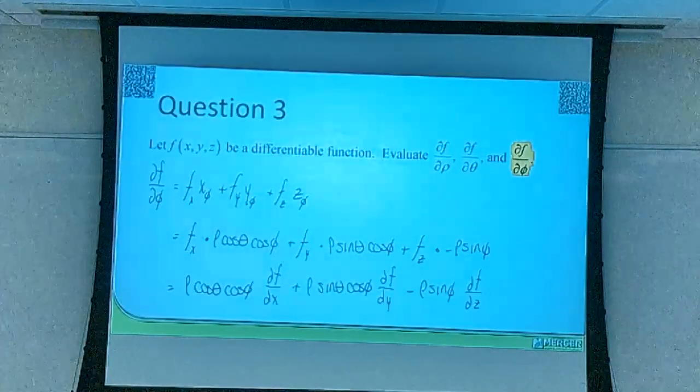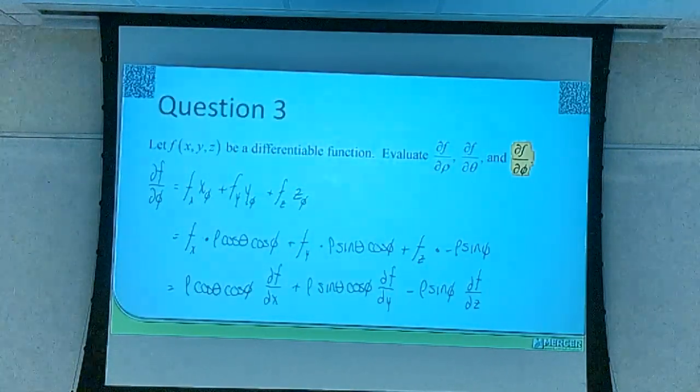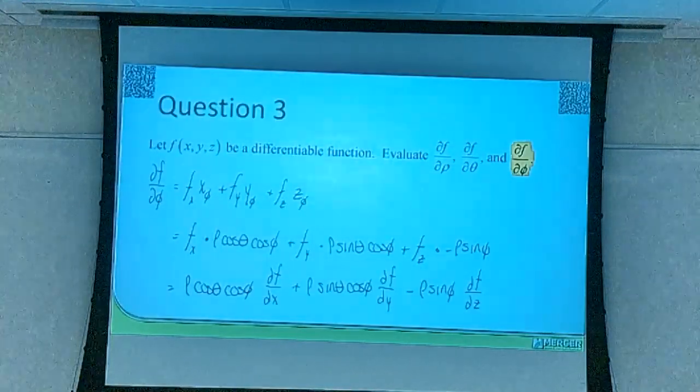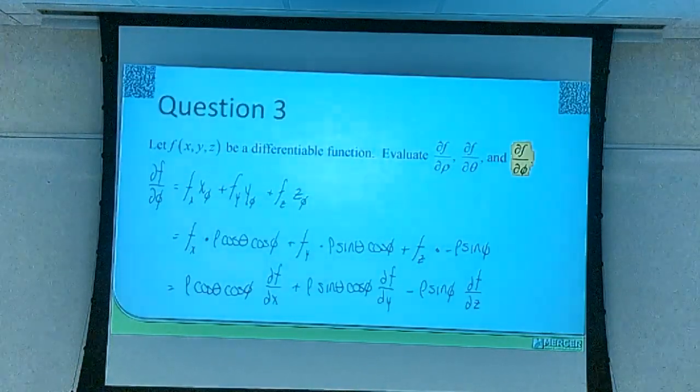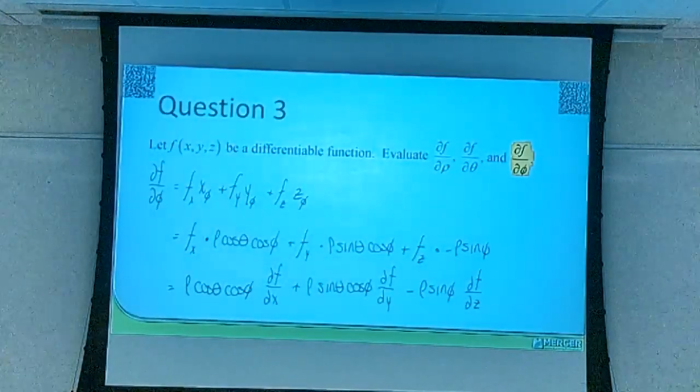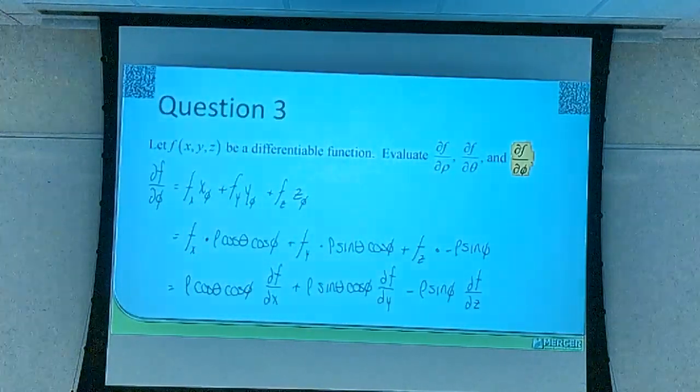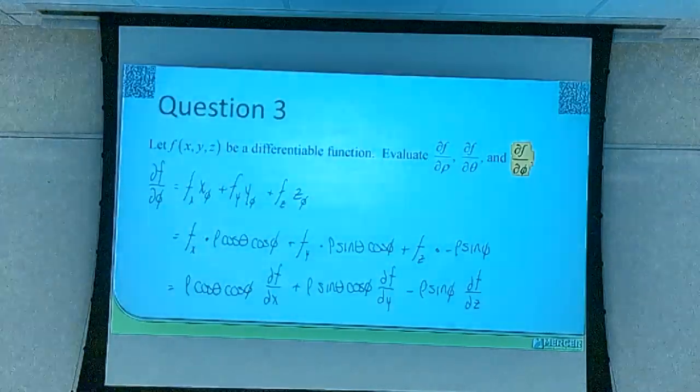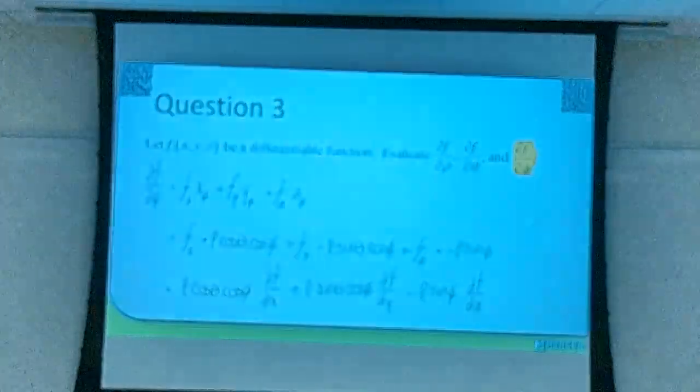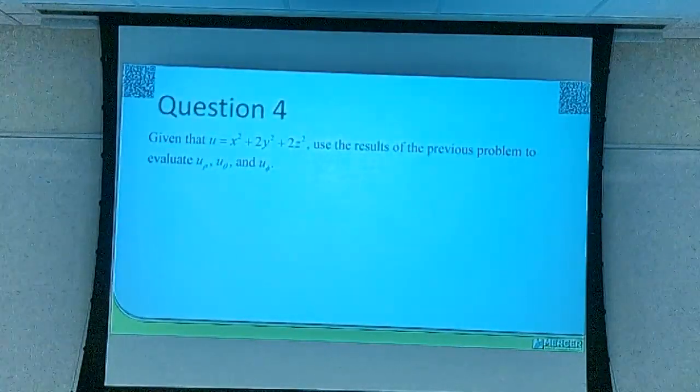If we use spherical coordinates, how come it's for rectangular? You'll get a rectangular function, then find the partials in spherical. So you could first convert it to spherical, or use those. We're given a function.